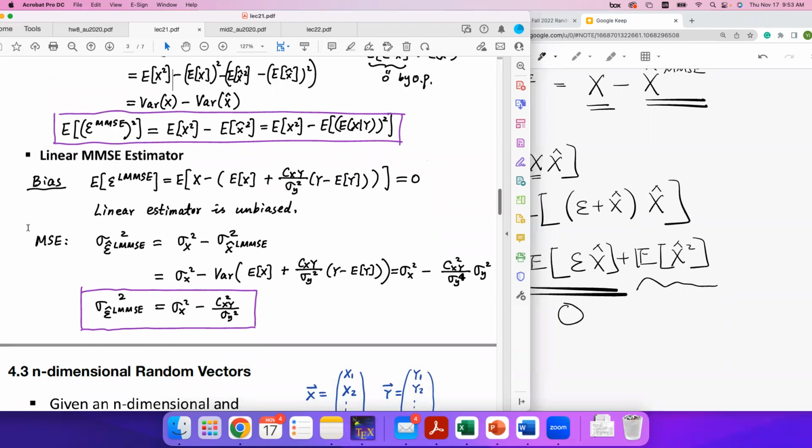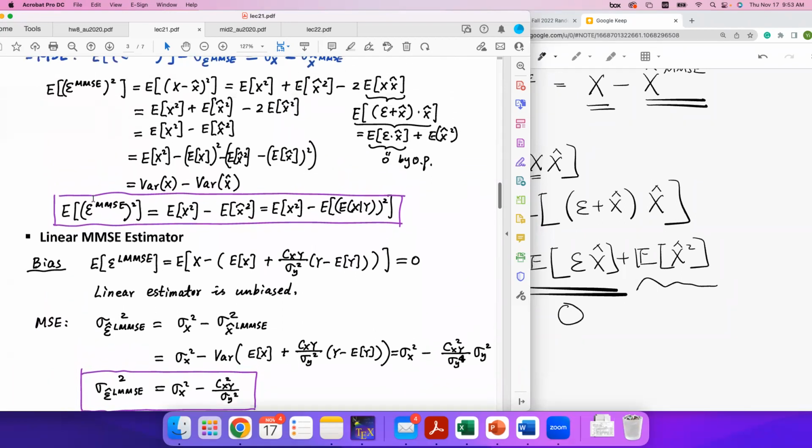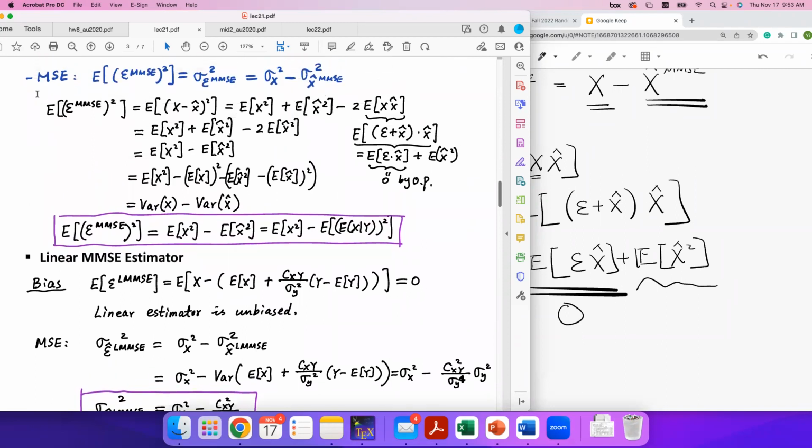And then we can calculate the mean square error achieved by the linear estimator. Because it is unbiased, I think all this derivation from the previous case holds, right?